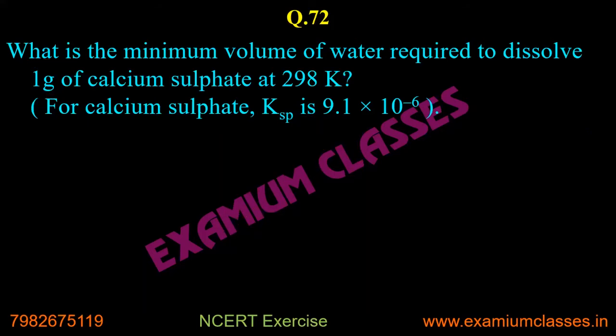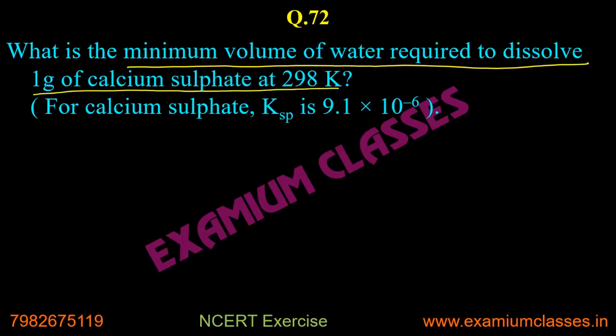Try to understand what I am saying. What is the minimum volume of water required to dissolve 1 gram of calcium sulfate at 298 Kelvin? Minimum volume. Why minimum volume? Because if you have more than that, anyway you can dissolve, but you can't have less than that.